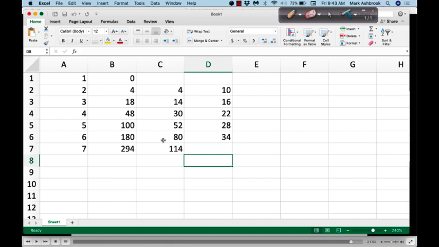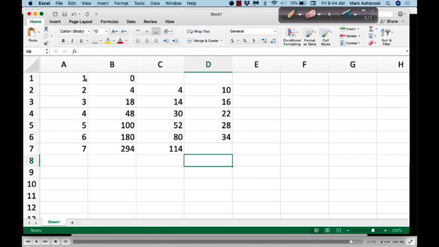Not exponential, quadratic, and our original is cubic. So by looking at the rate of change of this and looking at the rate of change of that, we found I have a linear progression here. Means this is a quadratic progression. Means this is a cubic progression. This helps, right? This helps figure out the formula.